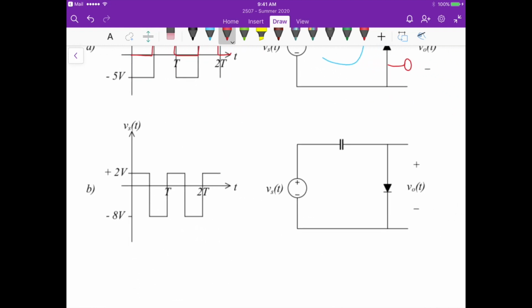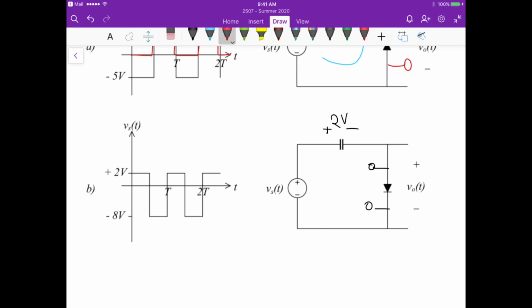For this second circuit, it's kind of the same thing, but the capacitor will charge with a positive voltage of 2 volts. So it's going to be 2 volts here. Once it fully charges, again this diode here will be turned off because there is no more current flowing, since it will always be reverse biased.